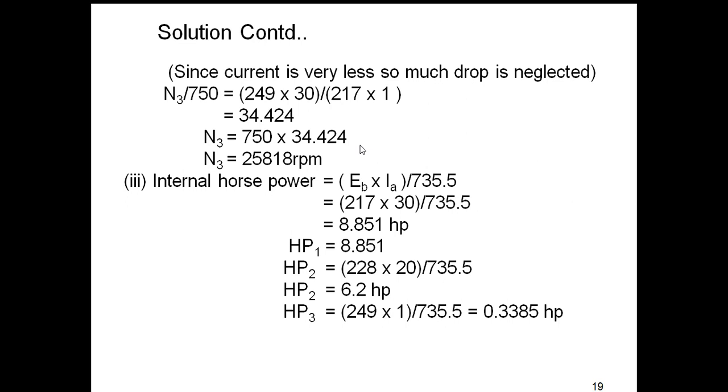And HP3 is equal to 249 into, this 249 is nothing but the EB3 value, EB3 into 1 by 735.5. We get the answer of HP3 as 0.3385 HP.